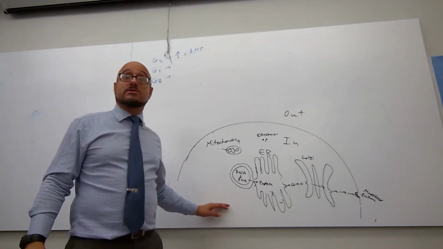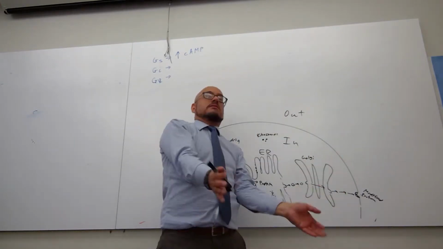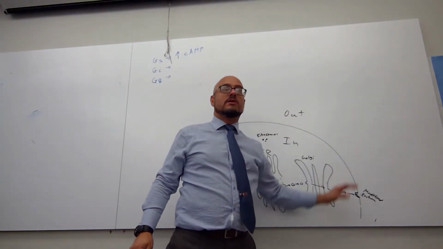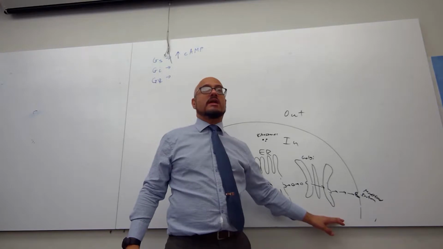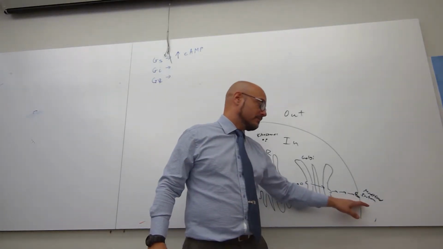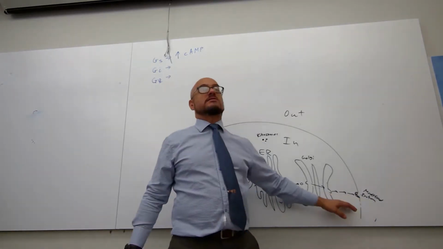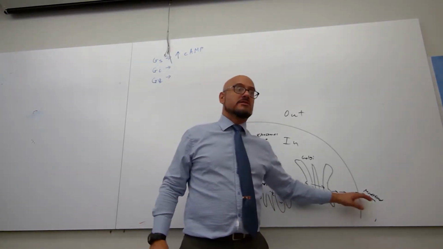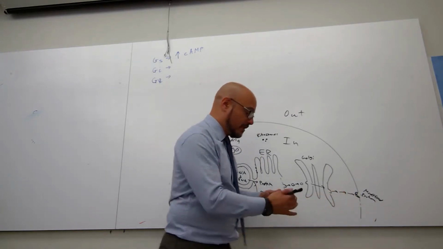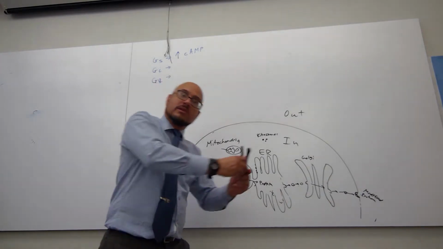For all cells to take whatever they're making and to release it outside, you're going to need calcium to come in at the very end. So you're going to need something to trigger the membrane to open, and the membrane opens through a protein that allows the calcium to come through. When that calcium comes through, this ball that's filled with protein will go to the membrane and it'll release.